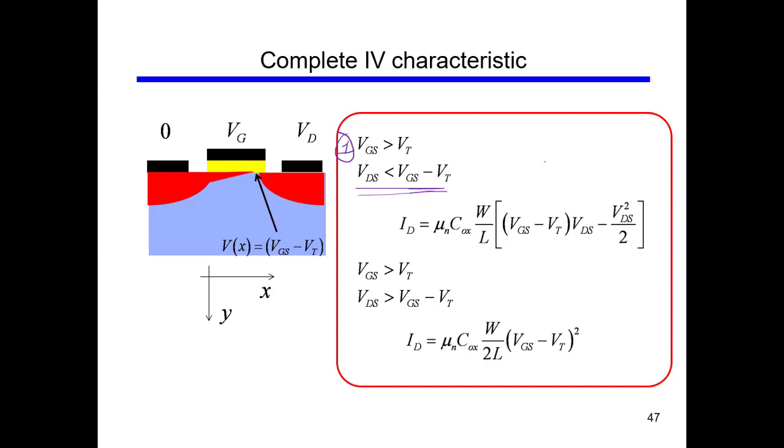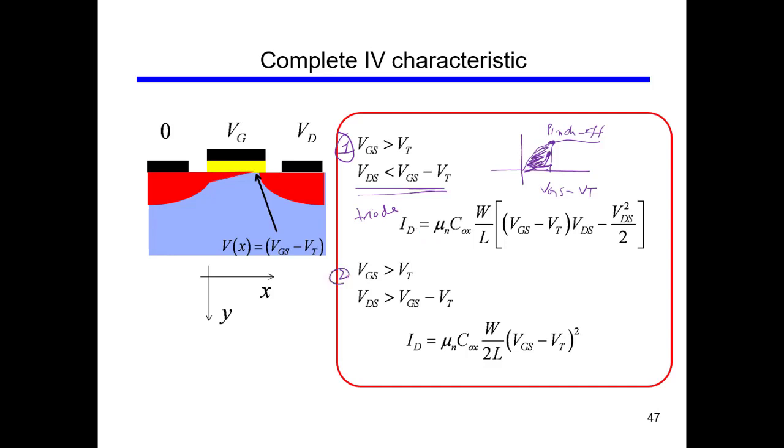If I draw this curve, this is the point where VDS is equal to VGS minus VT. So this is the pinch off point. Remember that at the pinch off point we have this condition. So the first case represents this region, the triode region. In the triode region we have this formula.